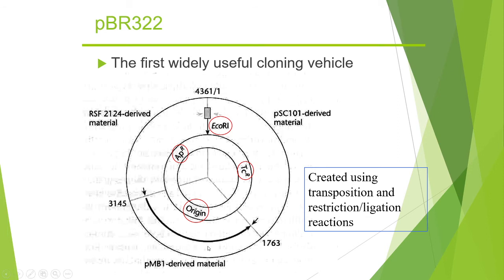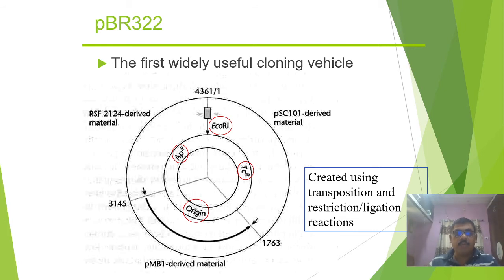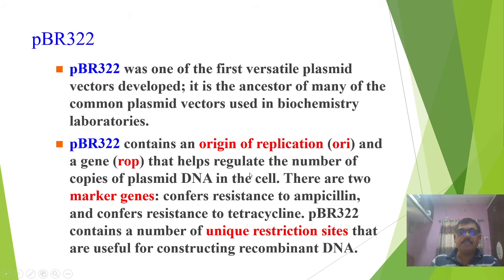The origin of replication is derived from pMB1, the RSF2124, and the pSC101 derived material is the tetracycline resistance.